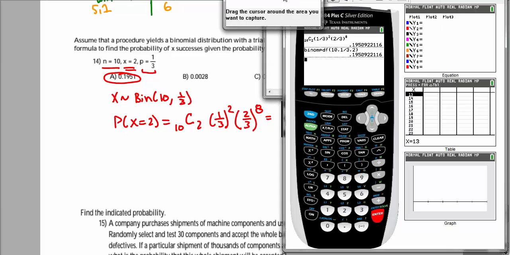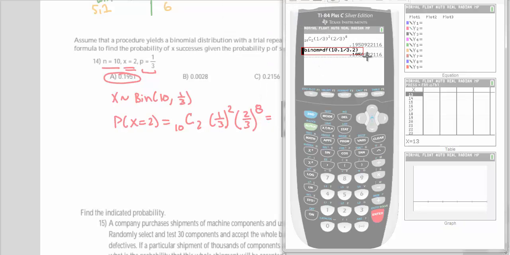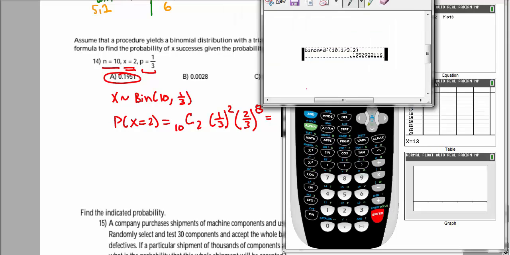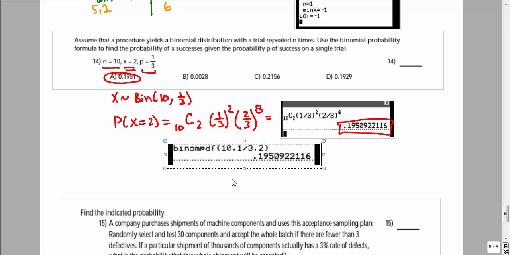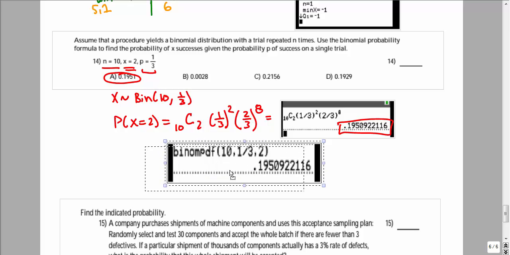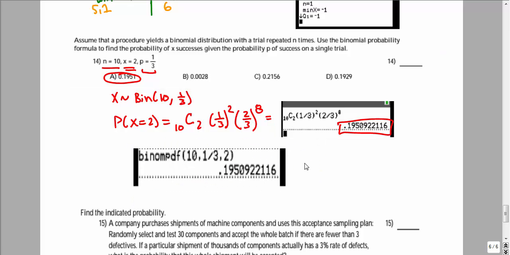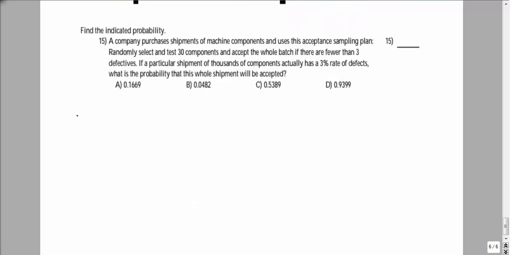So if you don't have that shortcut option where they ask for the N in the trials, remember the order that it gives us is N, P, and then our value of X. So this is a shortcut. So keep that in mind when you're looking at those. Okay, that's 14 and 15.